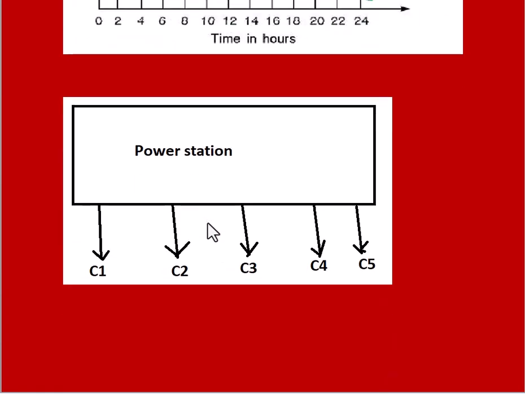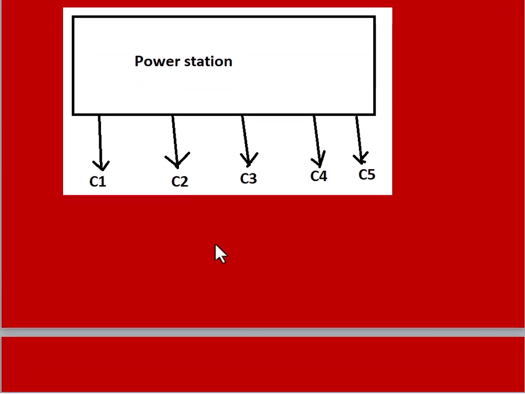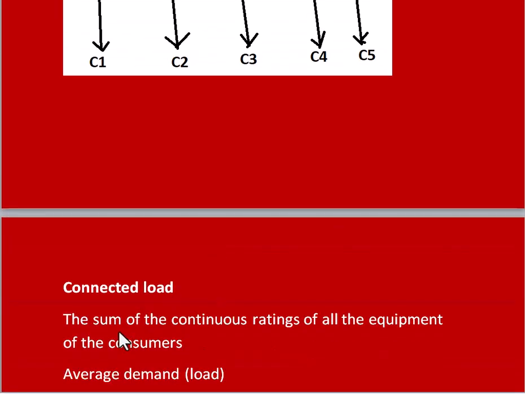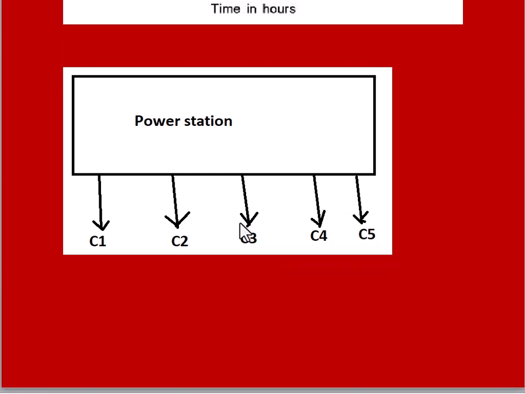Coming to the connected load, it is nothing but the sum of the continuous ratings of all the equipment of the consumers. Suppose this is the power station or substation distributor connected to the consumers through main services like this: C1, C2, C3, C4, C5. These are the consumers.